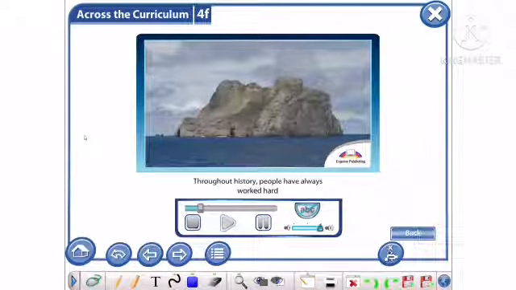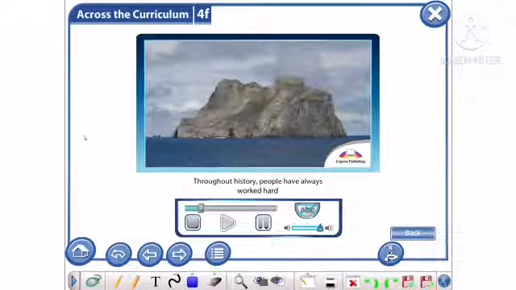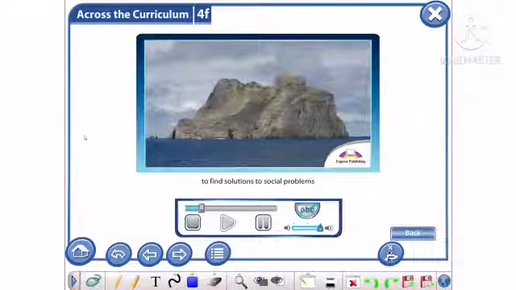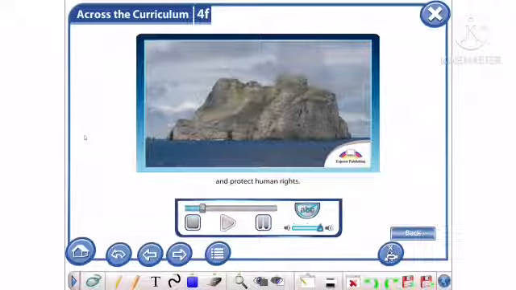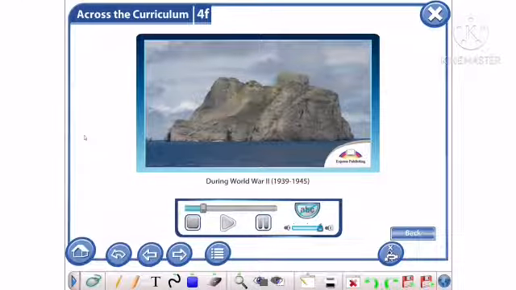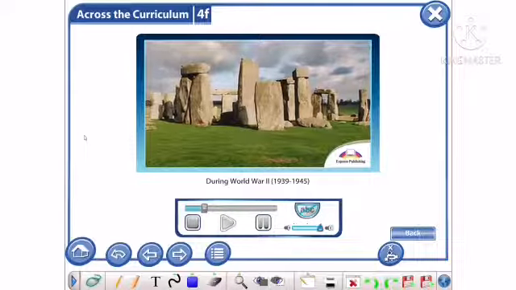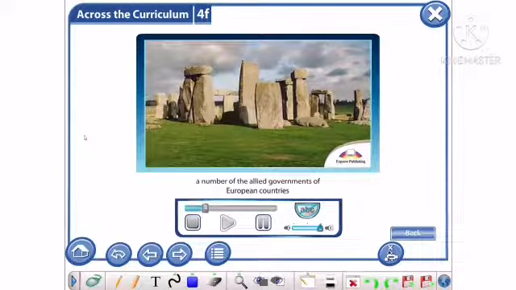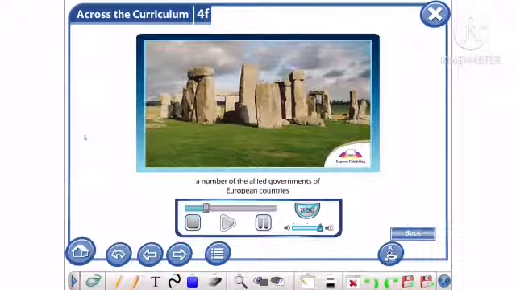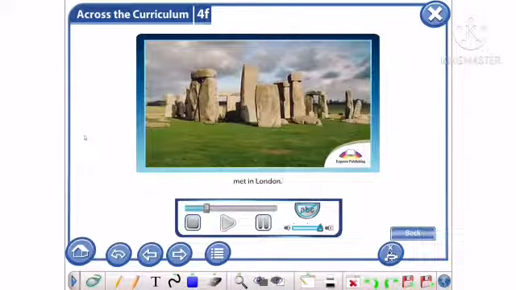Throughout history, people have always worked hard to find solutions to social problems and protect human rights. During World War II, 1939 to 1945, a number of the Allied governments of European countries met in London.